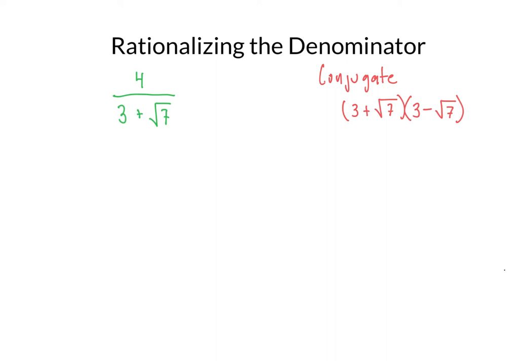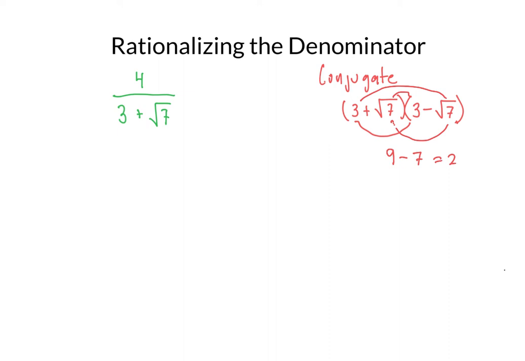When we multiply conjugates, you only have to do the first and the last terms. The last terms, square root of 7 times the square root of 7 is 7. So here we would have 9 minus 7. If we were to multiply the inner and the outer terms, we'd have 3 times negative square root of 7 and 3 times positive square root of 7, which actually cancel out.